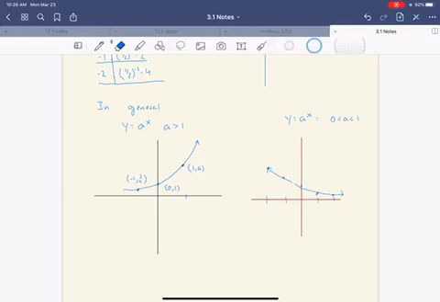Okay. Oh, that's a terrible graph. Let's take that. Redo it.